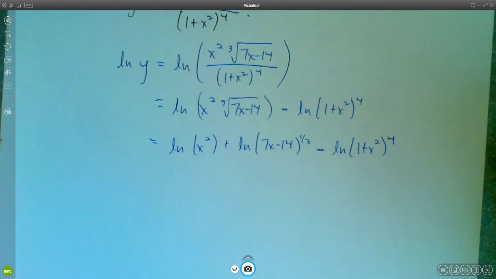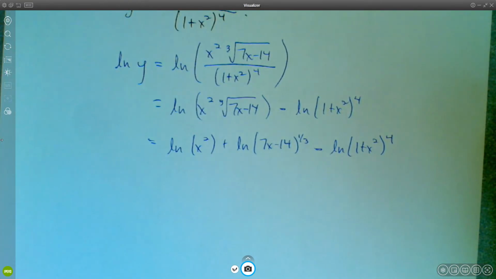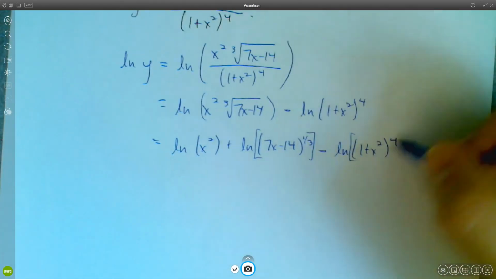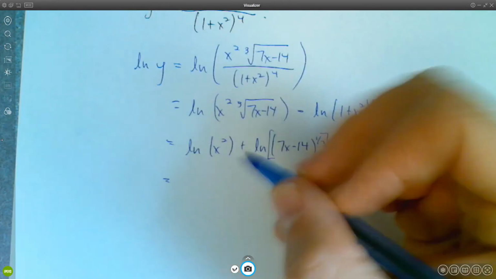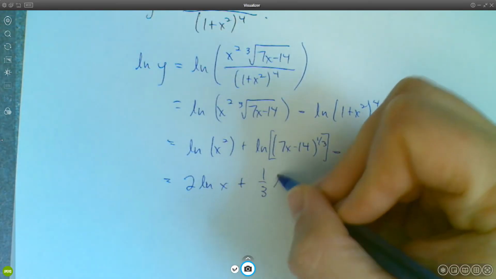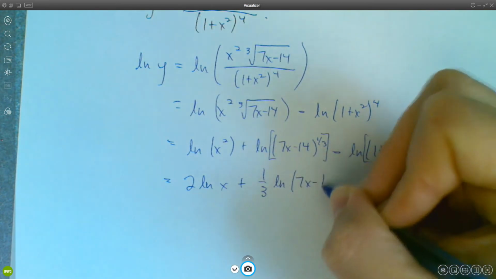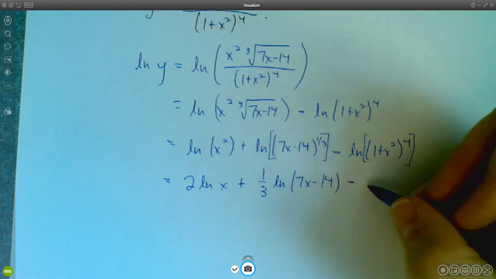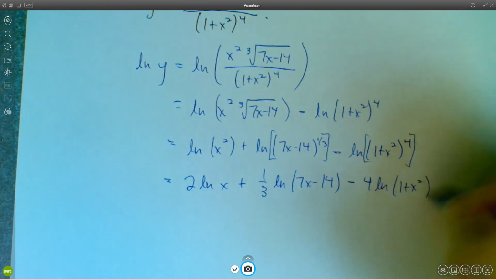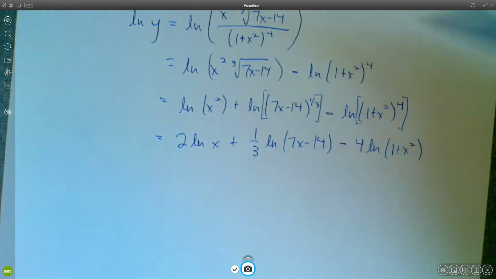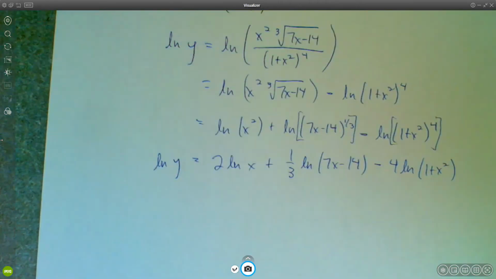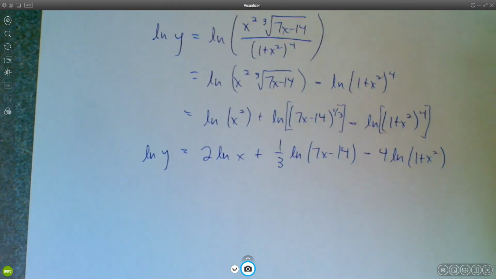And then we can use the power rule for logarithms to rewrite it as 2 ln x plus 1/3 ln(7x minus 14) minus 4 ln(1 plus x squared). And now calculating the derivatives is much easier. Keep in mind, this is the natural log of y. This is not y, it's the natural log of y.